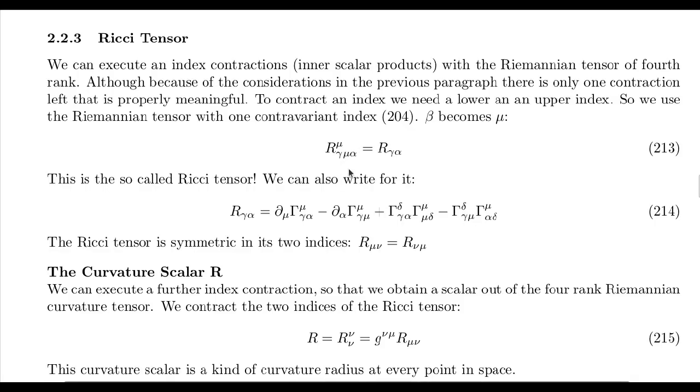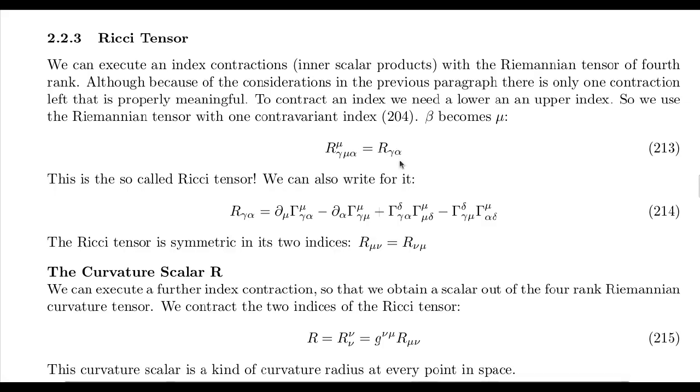And so we have here a scalar product within the Riemannian tensor, and so we have only 2 indices then. And this is called the Ricci tensor.